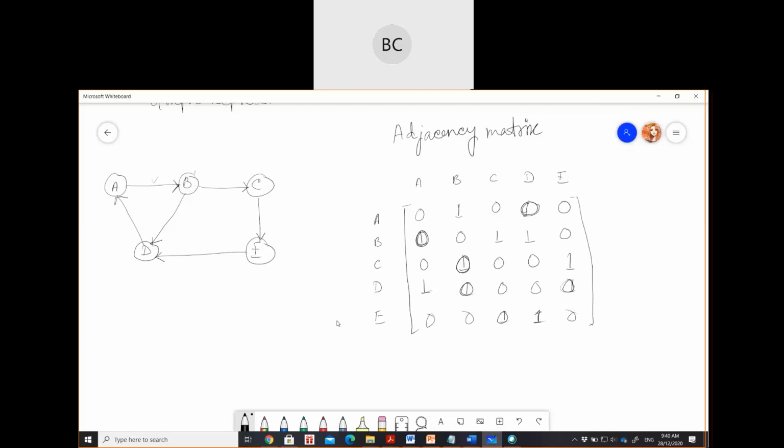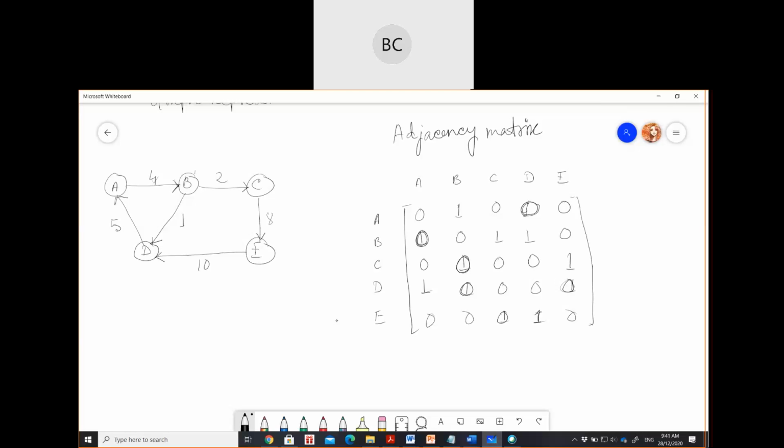So remember there is another type of graph, which is your weighted graph. Now if I say there are certain weights for every edge, let's say 4, 2, 8, 10, 5, 1. If you get a weighted directed graph, then instead of 1, you are going to write the weight or the cost for that particular edge.